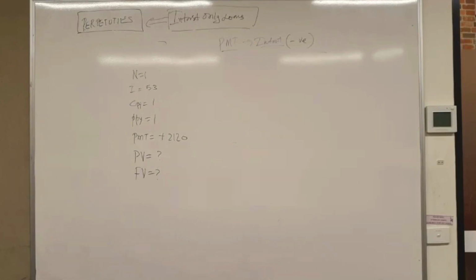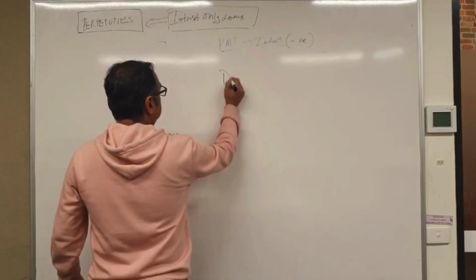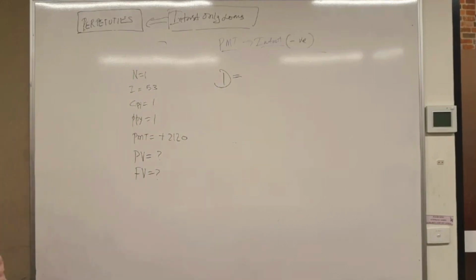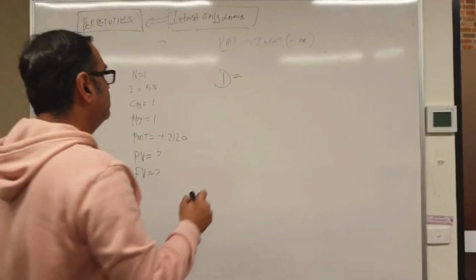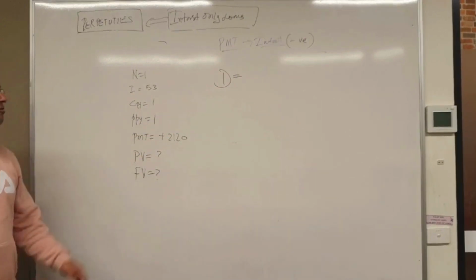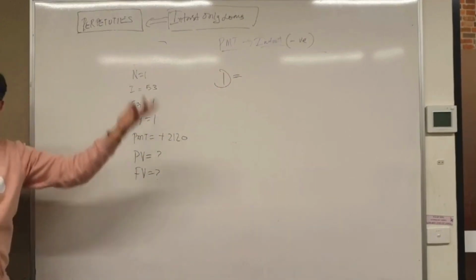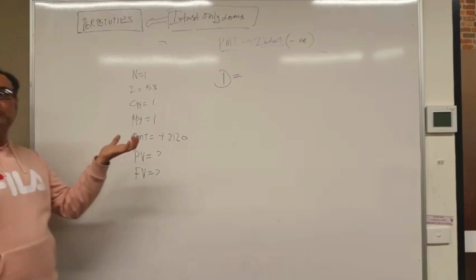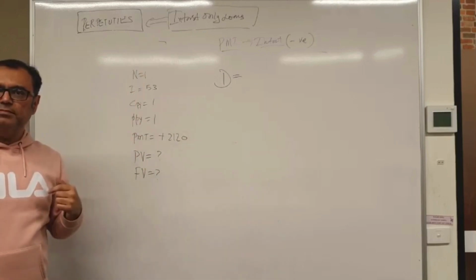And what is the formula? The formula is your monthly payment. What is the monthly payment here? In the world of interest only, what's monthly payment? Only the interest part, right? Interest of what? Principal.